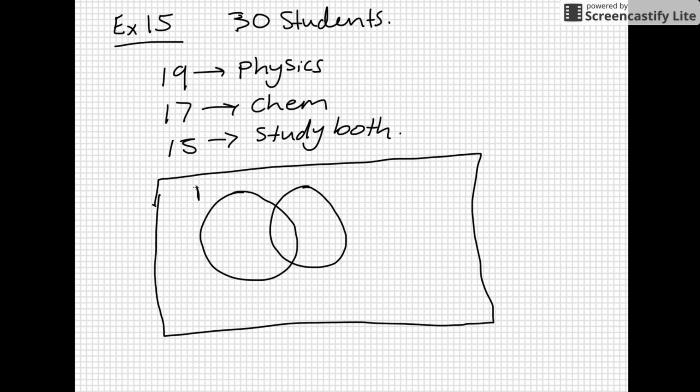First one's physics, second one's chemistry. In the middle here, where there's an overlap, will be the people who study both. I'm going to mark each of these A, B, C, and then there's also a D. This will be the people in the class who don't study any of those.